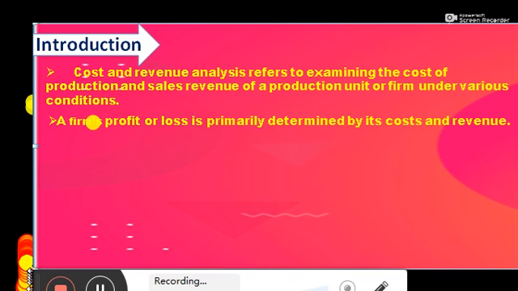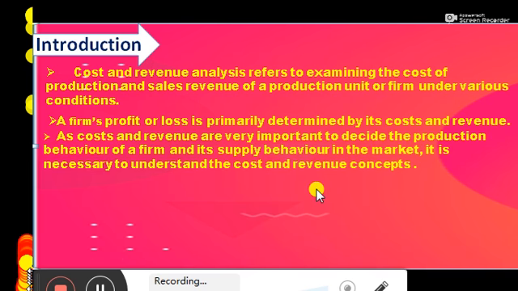So your firm's profit or loss is primarily determined by its cost and revenues. That is, whether the firm incurred loss or earned profit is determined based on that particular firm's cost and revenue analysis.